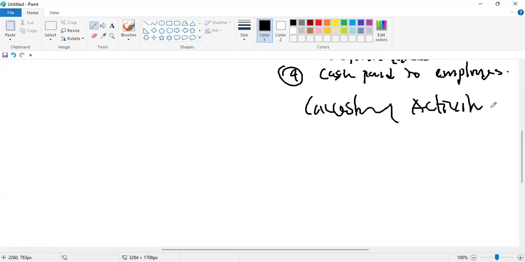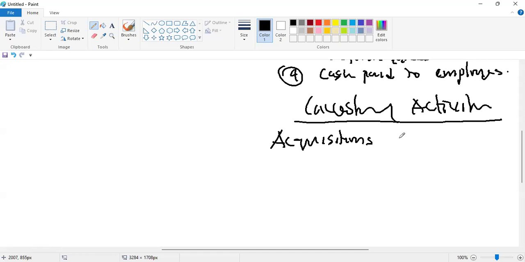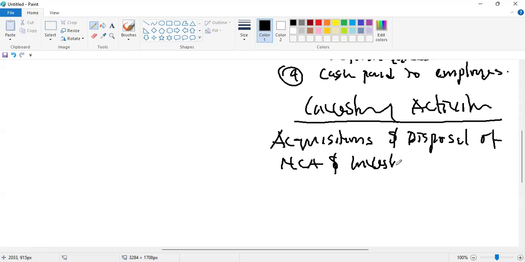Investing activities. According to IAS 7, investing activities is the acquisition and disposal of non-current assets and investment. It is the starting point of any cash flow.